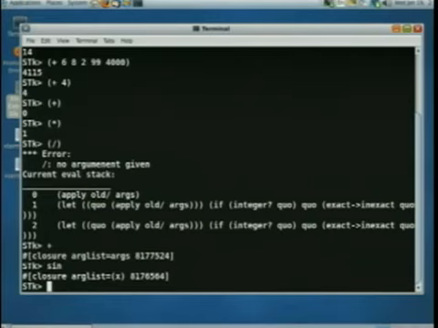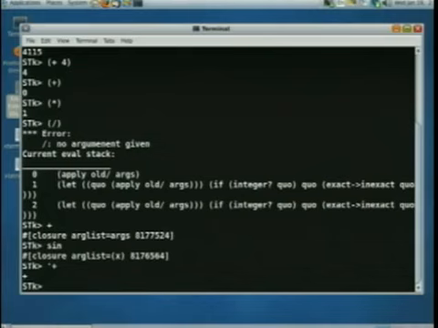Good. What if I would like to have an expression whose value is the plus symbol? I can do that as follows. I say quote plus sign. I don't know if you can see clearly back there in the back, but it's actually a single quote, otherwise known as an apostrophe.